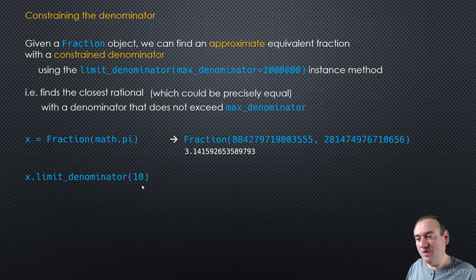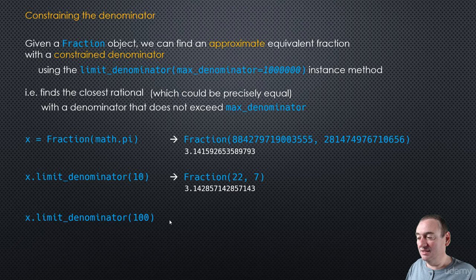So how close can we get to pi with a denominator no greater than 10? And we will get 22/7. And if we look at the float equivalent of that, this is 3.1428. So you can see we're correct up to the second digit after the decimal point.